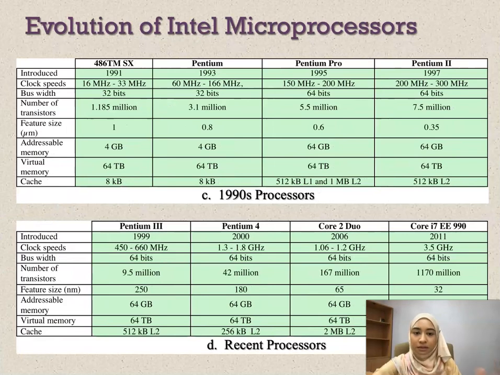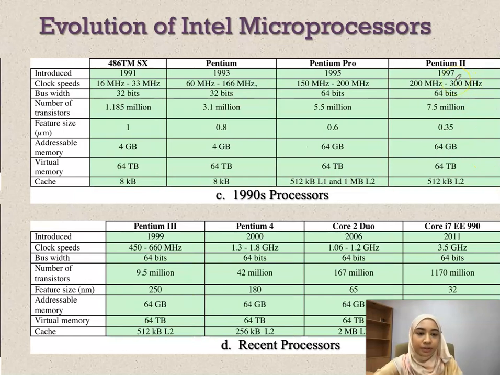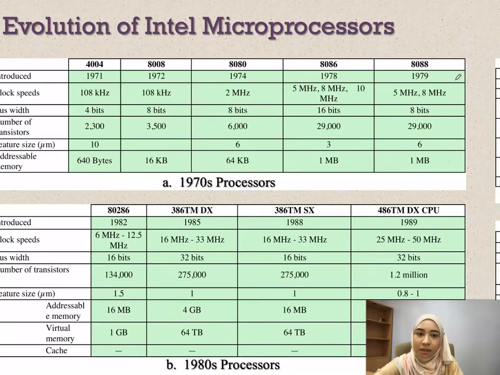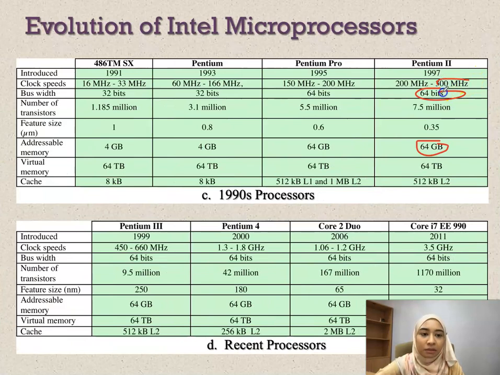So this was in the 1990s. We have 64 bits, right? Previously it was 32, and then now we have 64 gigabytes, and then previously it was 50 megahertz. Now it was becoming 300. And then in the recent, this is not quite recent, this is in 2010, where i7 was introduced.